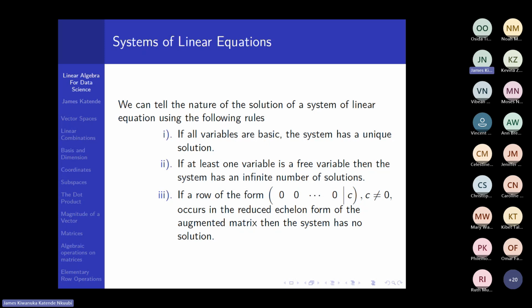If in the process of row reduction you end up with a row of this form, where all the entries on the left-hand side are 0, and the one on the right-hand side is a non-zero value, then your system will not have a solution.